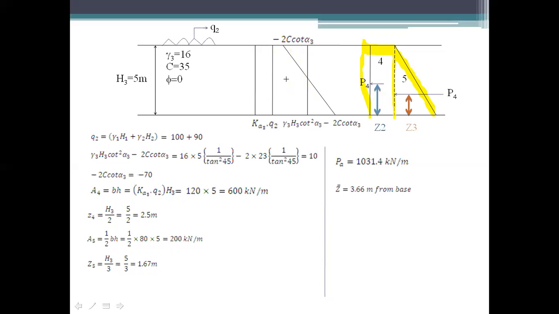One is a rectangle and another is a right angle triangle. So here the base is Ka3 Q3, and for this one the base is gamma 3 H3 cot square alpha 3 minus 2C cot alpha 3, and here the base is minus 2C cot alpha 3. So let us see what it is coming to.